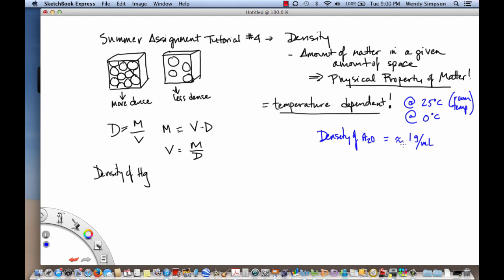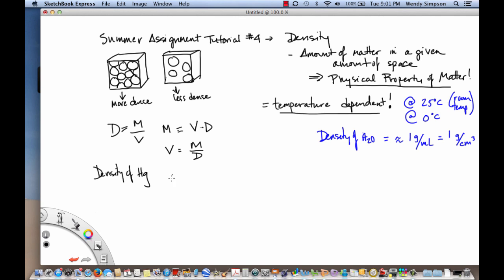It will vary from about 0.97 to about 1.02 grams per milliliter, which is equal to 1 gram per centimeter cubed. Remember that a milliliter is equal to a centimeter cubed. So our units of density can be in grams per milliliter or grams per centimeter cubed. They are the same. So the density of water is about 1, and that's going to be really helpful for you to remember.